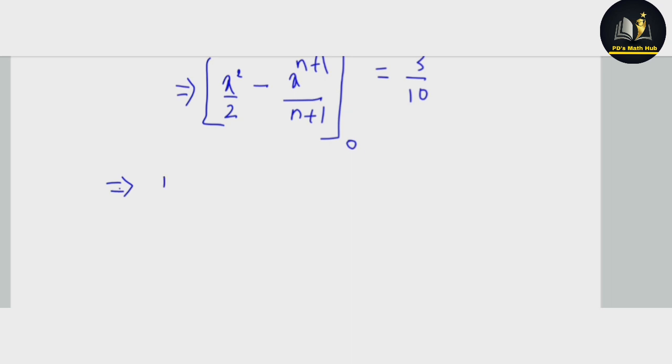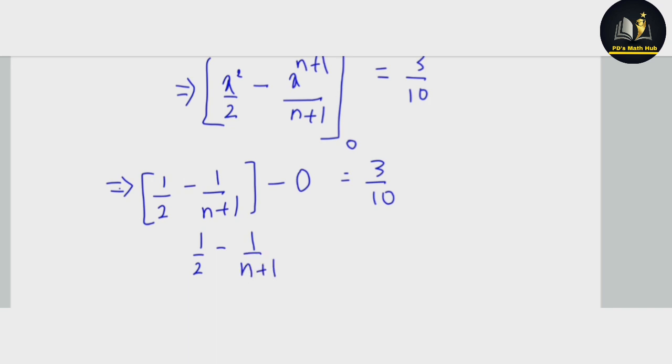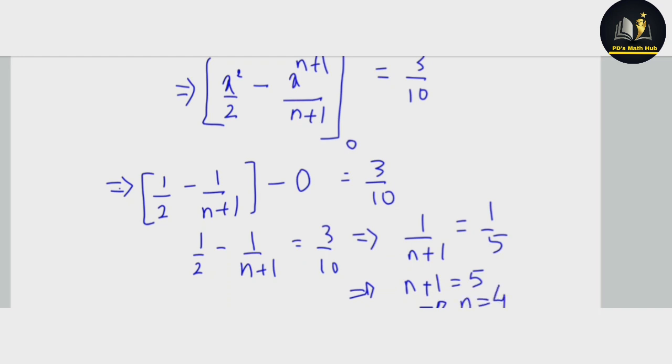So this is 1 divided by 2 minus 1 divided by n plus 1, and the lower limit is 0, so it will be 0. This is equal to 3 divided by 10. On solving this, 1 divided by 2 minus 1 divided by n plus 1 is equal to 3 divided by 10, which implies 1 divided by n plus 1 is equal to 1 divided by 5, which gives n plus 1 is equal to 5. Therefore, the value of n is 4.